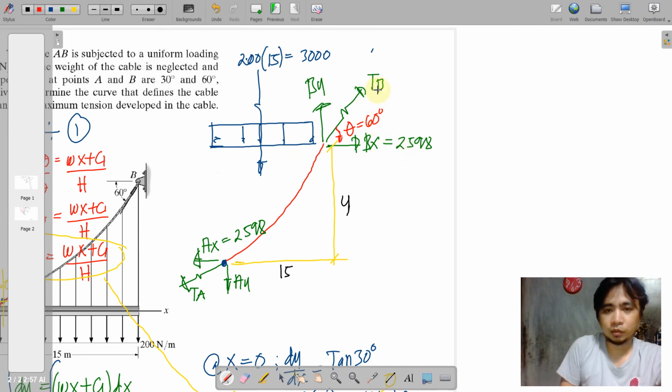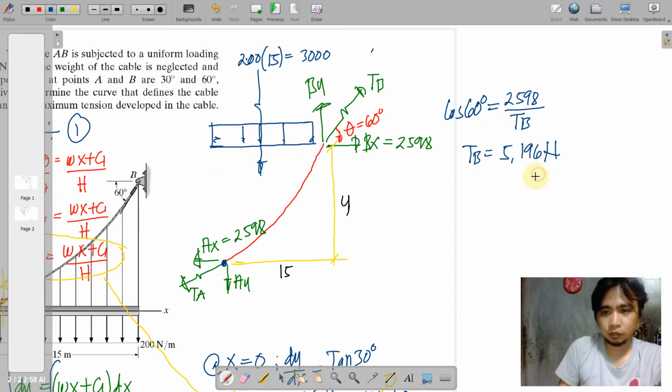We'll just have to derive this out of function of cosine. So we have adjacent over hypotenuse, TB. So therefore, it shall equate to 5,196 Newton.